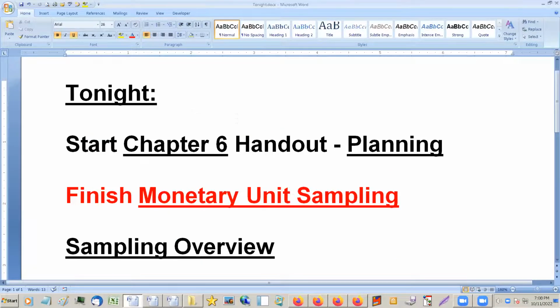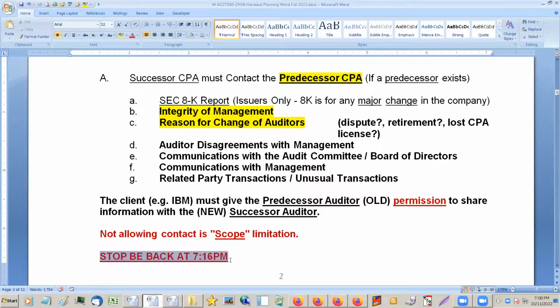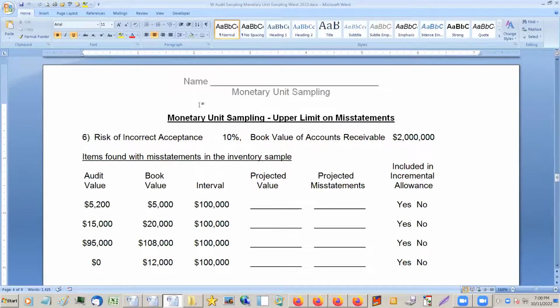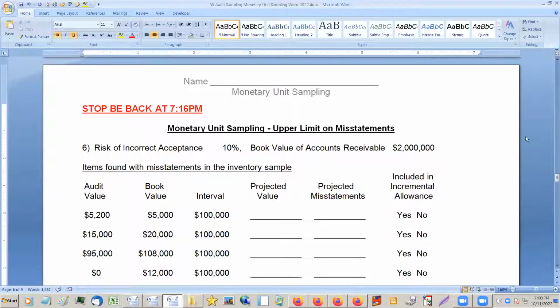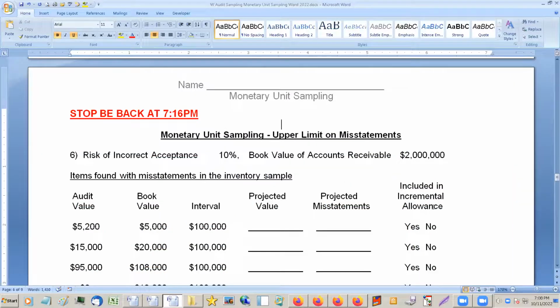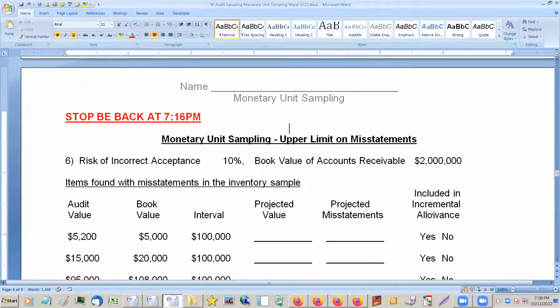In fact, I'm going to transfer my stop be back onto this one. Okay. So obviously we're not going to finish the chapter 6 handout tonight. But hopefully we'll finish this one.